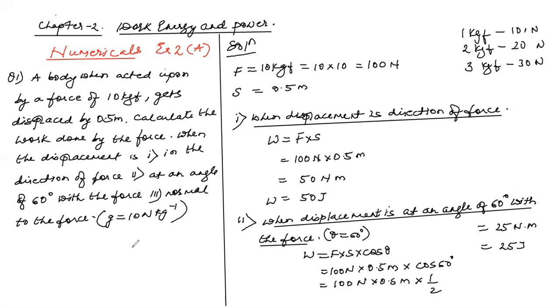Now, what is the third one, children? The third one: displacement is normal to the force. So here I am going to write, children, displacement is normal to the force.